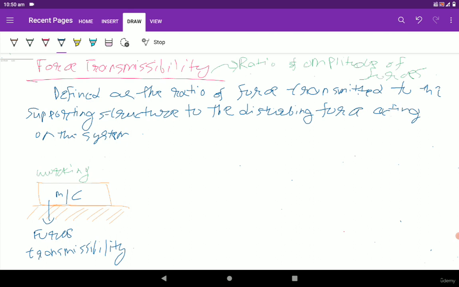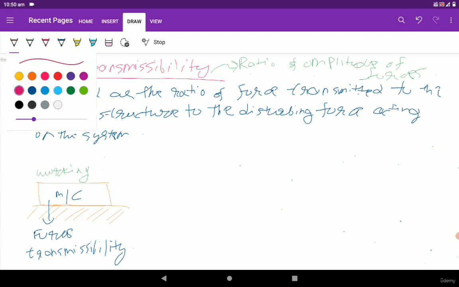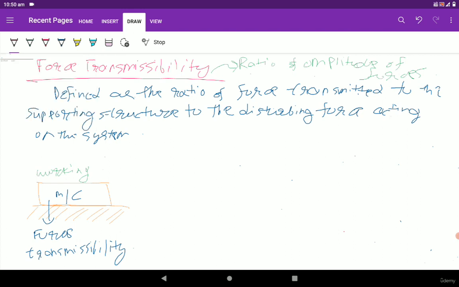The diagram can support the definition. Suppose this is a machine mounted to a spring system and a damper system, and this is the base, and this is the force transmitted from the machine to the structure, and this is the force F naught sine omega t.